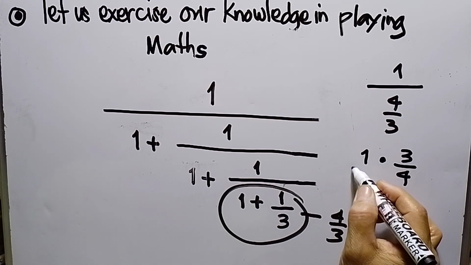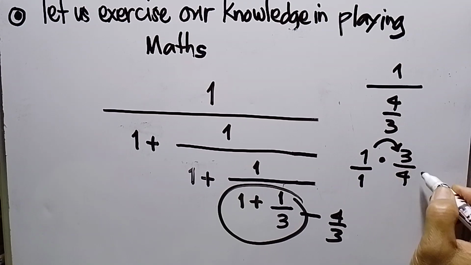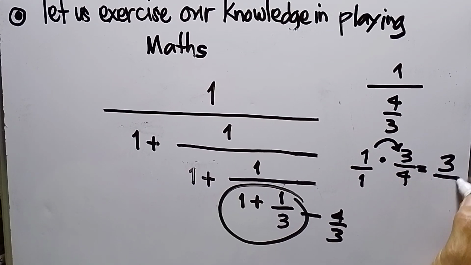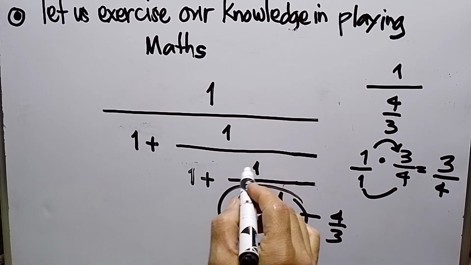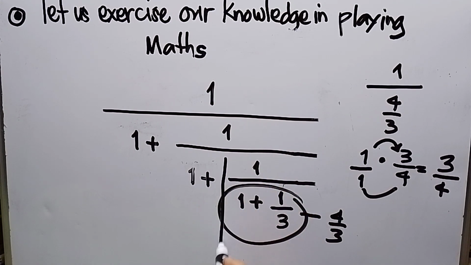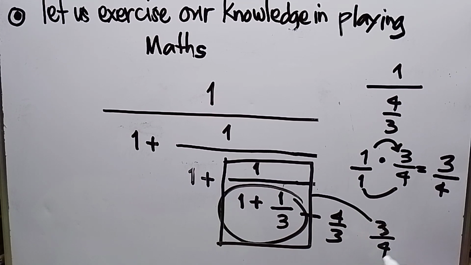Since I don't have a denominator, I will put 1. Then multiply numerators. So this will be 3 over 1 times 4 is 4. So I've got 3 over 4.